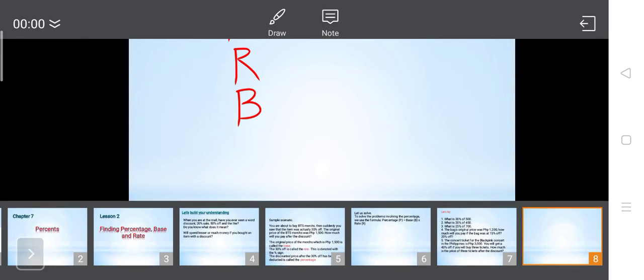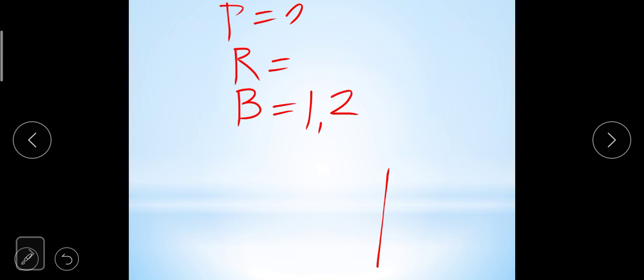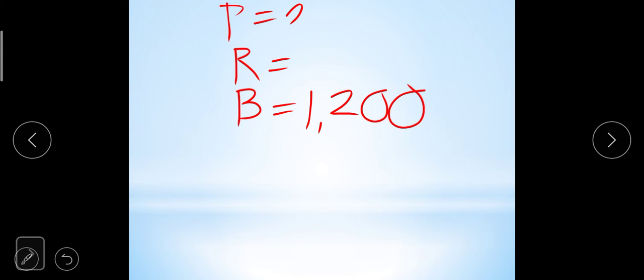So, we are after the P again. We are going to find out what our P is. And our B is 1,200, right? The first one is 15%.